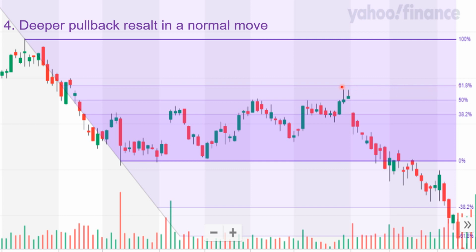You see it goes to this level, and this is considered a deeper pullback, and we expect the trend to continue its normal move. As you see here, the trend continues downtrend the same as it started. We conclude that a deeper pullback results in a normal move, and it can help traders to make a better trading decision.